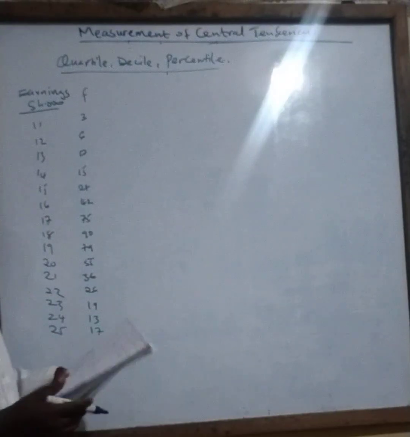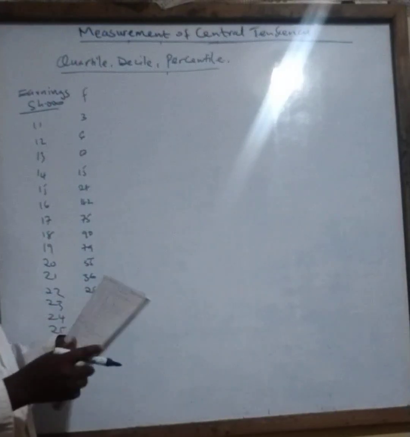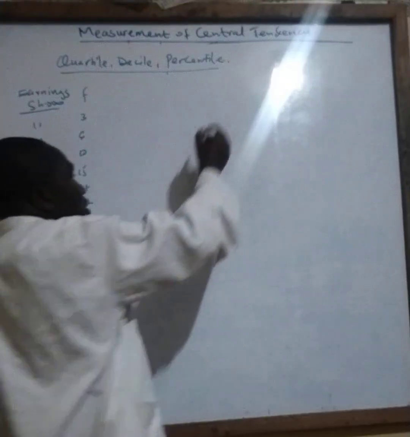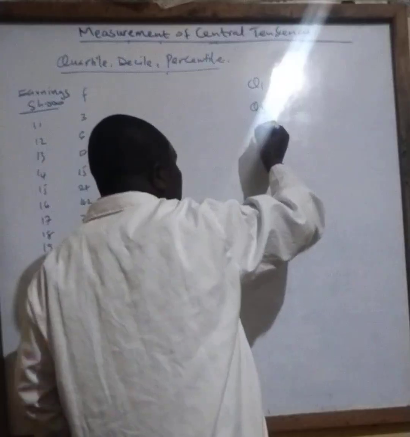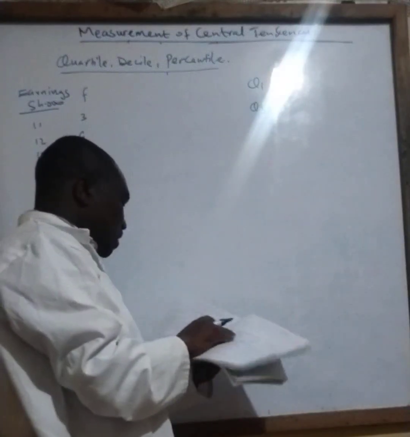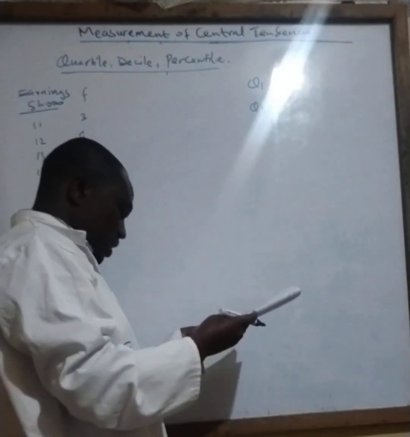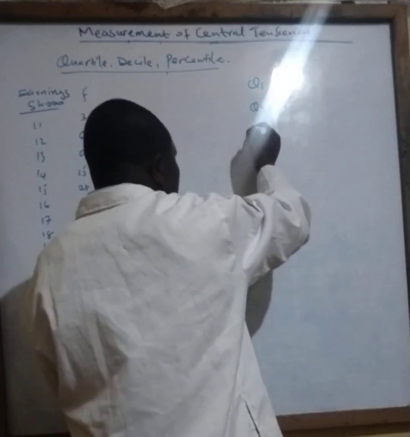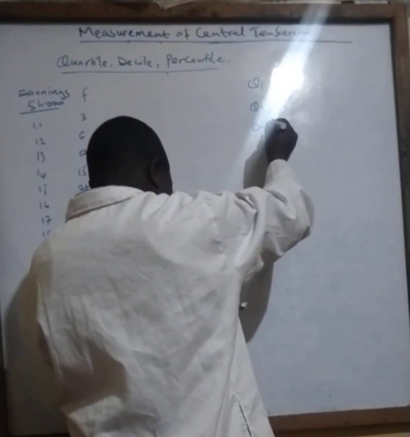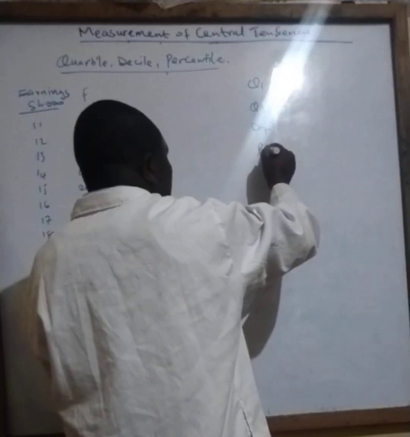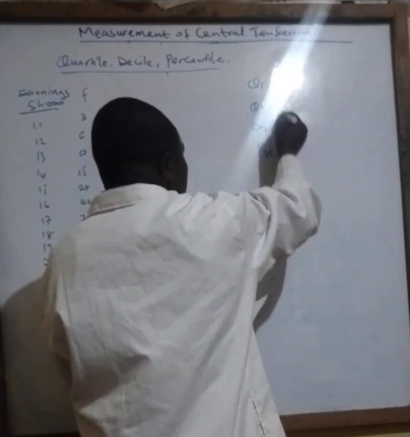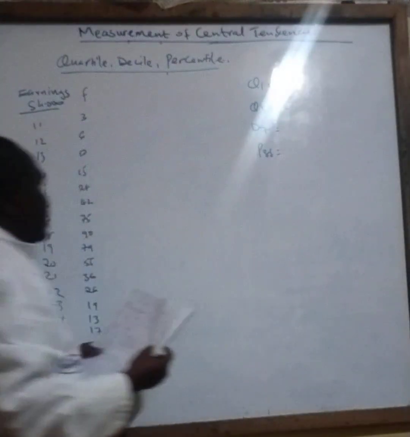That is your frequency. Now, you have been told to calculate quartile 1, quartile 3, decile 7, and percentile 85. You can see that, class?